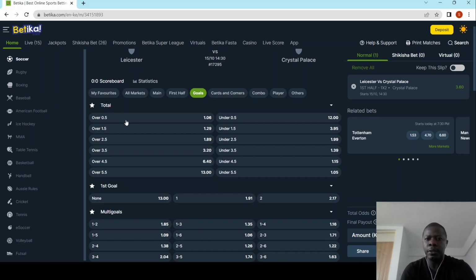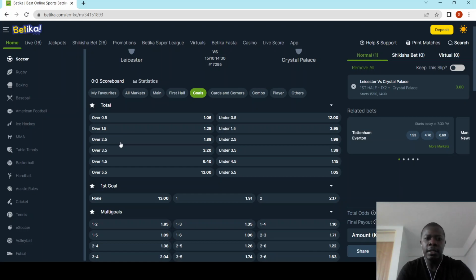Over 0.5 means one goal and above, irrespective of which team scores. Over 1.5 means two goals and above, irrespective of which team scores. Over 2.5 means three goals and above. 3 is above 2.5. There is no goal that is 2.5. And that means if they say over 2.5, it means three goals and above.